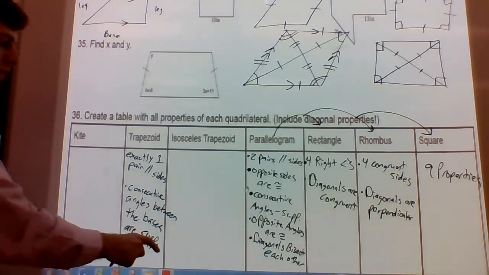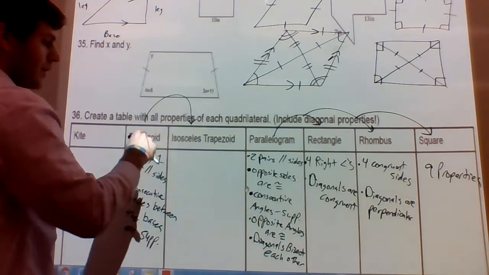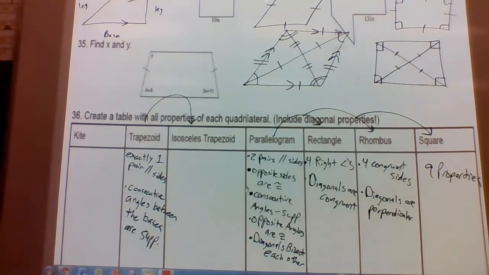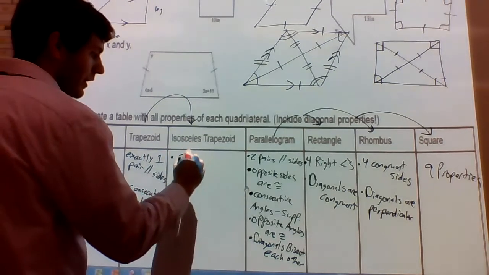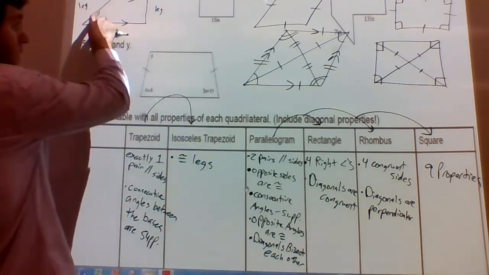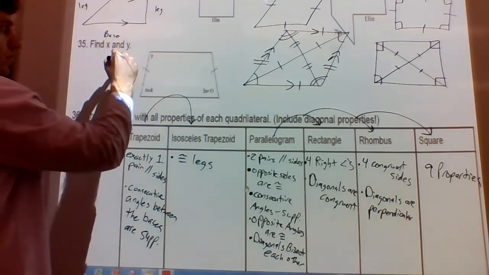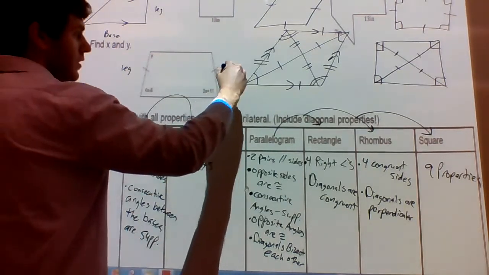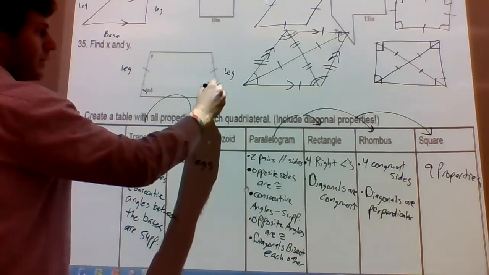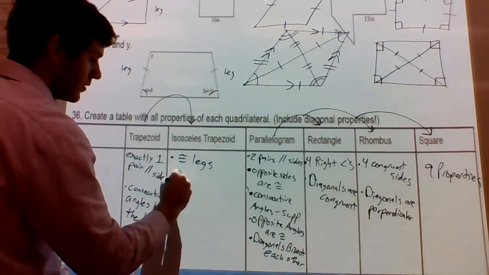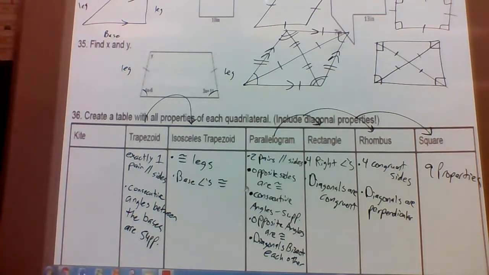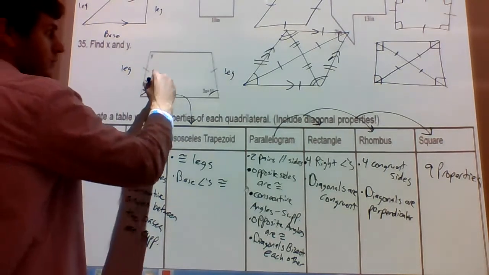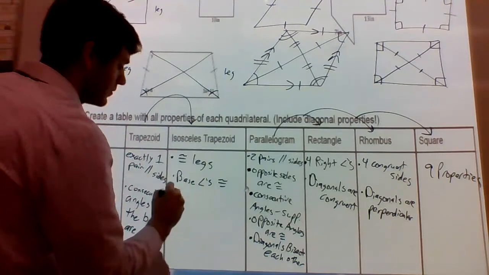Isosceles trapezoids have these properties. All the properties of a trapezoid are true for an isosceles trapezoid. Isosceles trapezoids have congruent legs. The base angles are congruent. The diagonals are congruent.